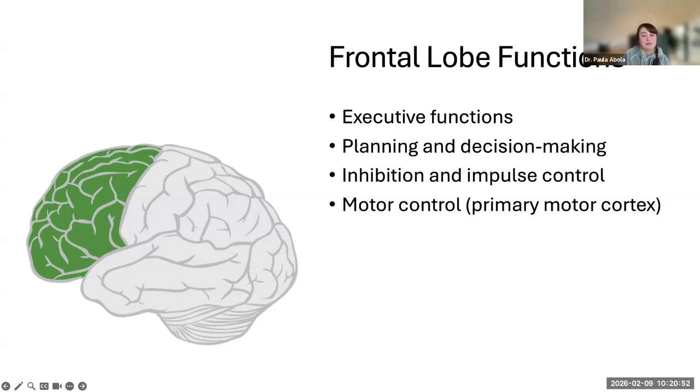So damage to the frontal lobes often leads to changes that are subtle, but profoundly disruptive to daily functioning. Individuals with frontal lobe damage may show impaired judgment, poor decision making, difficulty organizing tasks, or reduced ability to inhibit inappropriate responses.